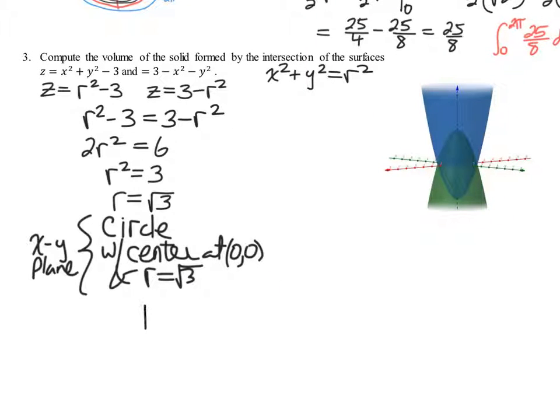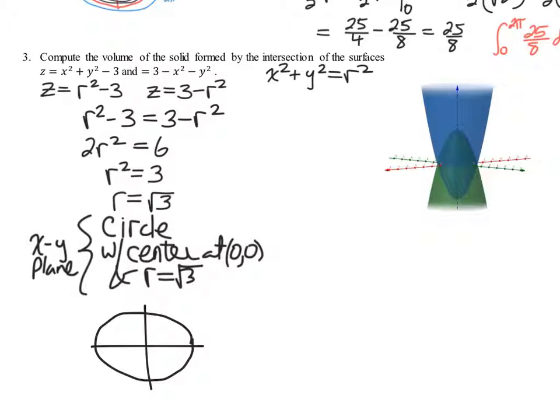So a quick sketch of that. That is a circle, or at least an attempt at a circle. If we wanted to capture that entire circle, remember the two ingredients that we need are the r value and the theta value.